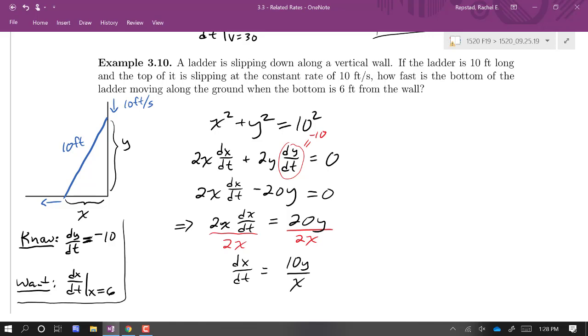Substitute 6 for x. Well, right here, you mean? Yeah, but we want to find dx dt when x is equal to 6, so we can substitute x equals 6. You're absolutely right, but I would still have two unknowns. I'd have a hard time finding either dx dt or y if I substitute 6 for x in that equation.